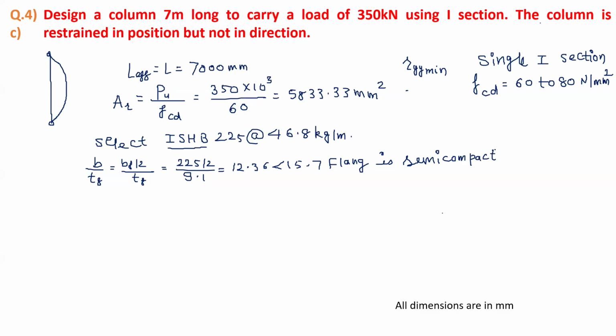So just I will check it. 225 by 2 divided by 9.1. Yes. And then we have D by TW.